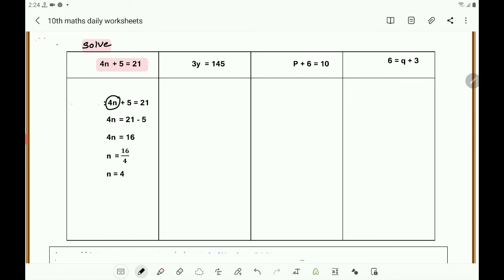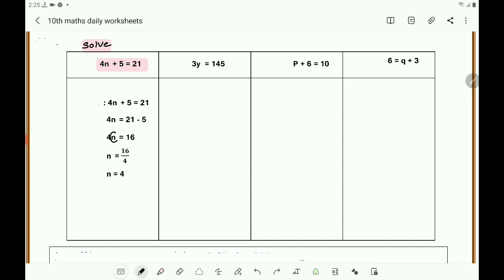Only 4n remains in the LHS, and plus 5 is transferred and becomes minus 5. Then next you write 4n as it is. 4n equals 21 minus 5, which is 16. So you got this equation, 4n equals 16.